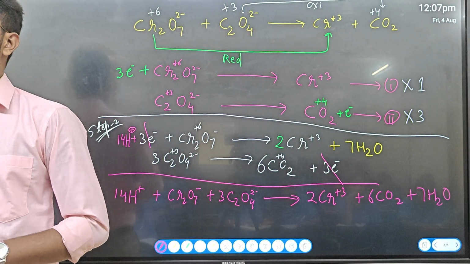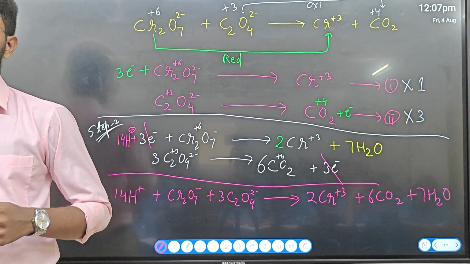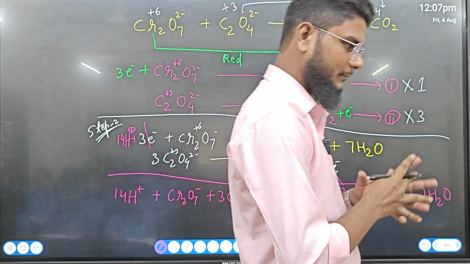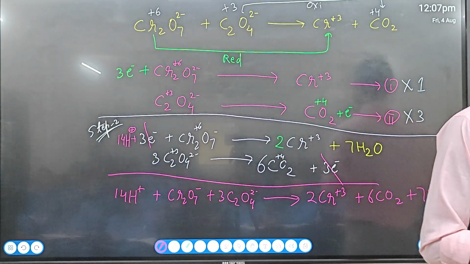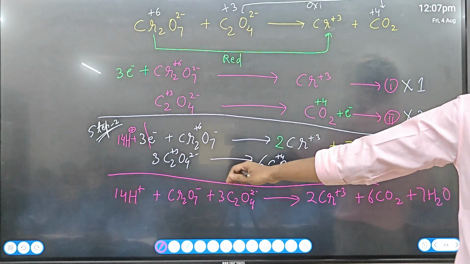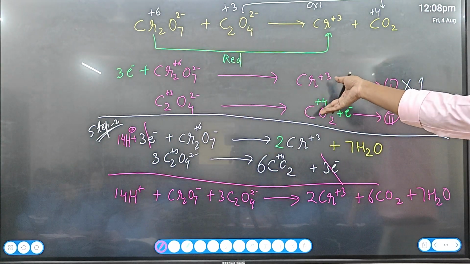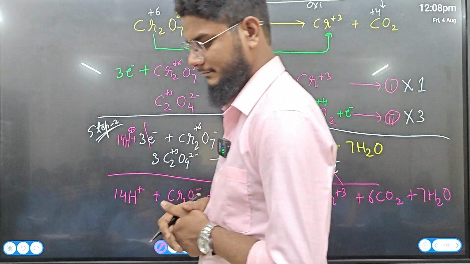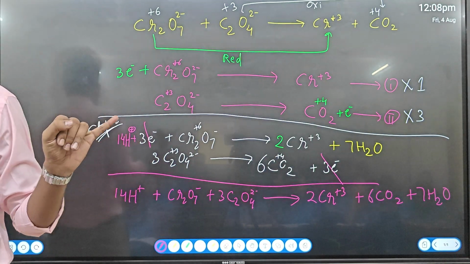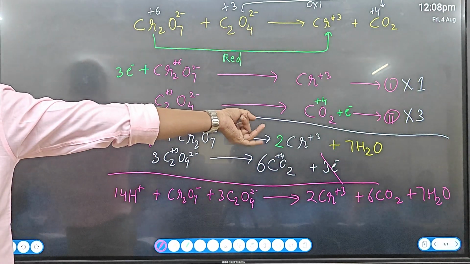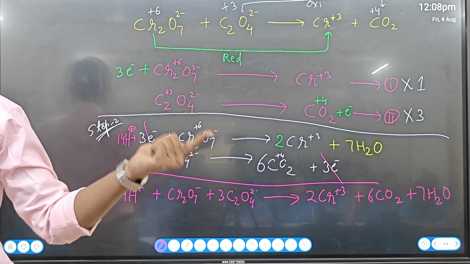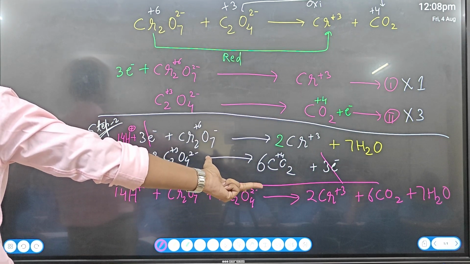Any doubt here? This is very important. If someone has doubt, ask me. You will get 2-3 questions from here. The balancing, and you can balance by any method, like basic medium, acidic medium, or oxidation number method.